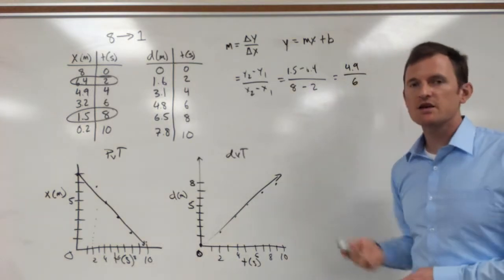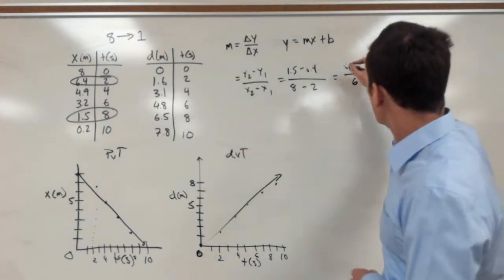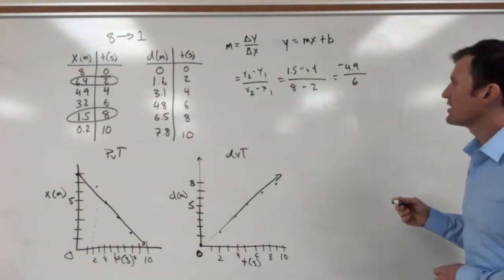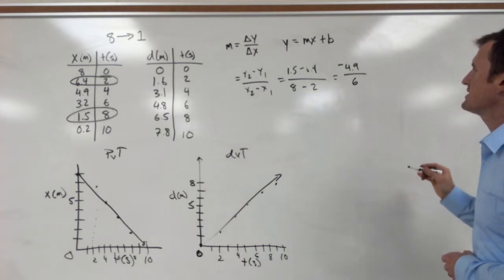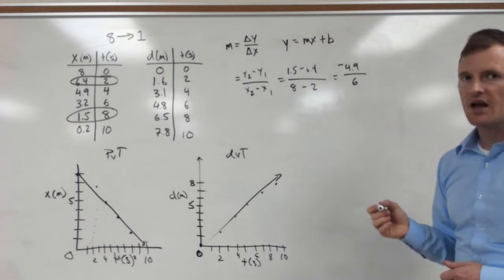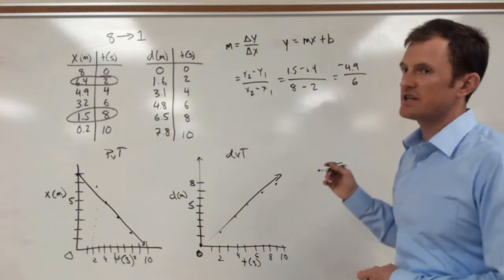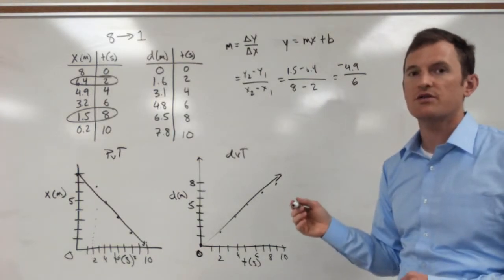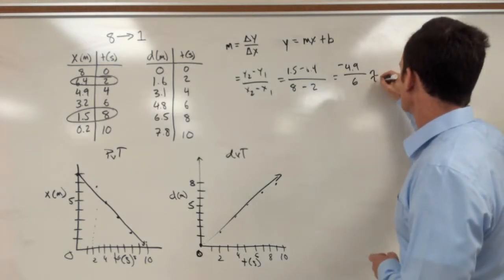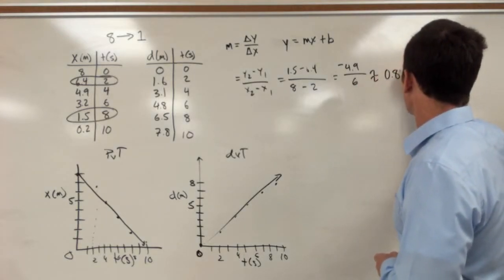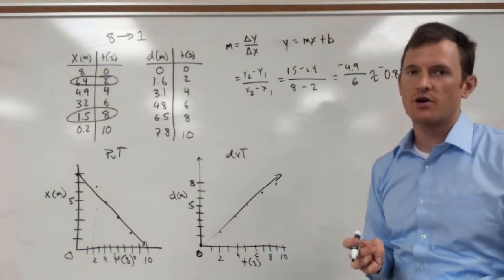Now, can you guys see which mistake I put in here? You're right. I left out a negative. All right, so what we have is negative 4.9 divided by 6. I don't have my calculator on me, but 5 over 6 is 0.8333, and that's pretty close. So I'm going to write negative 0.83, and that is our slope.